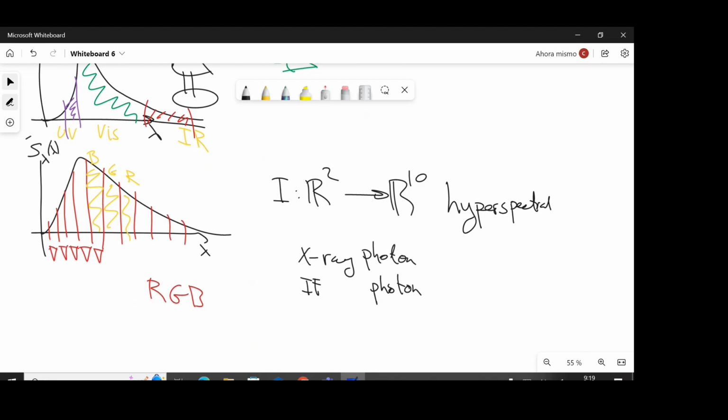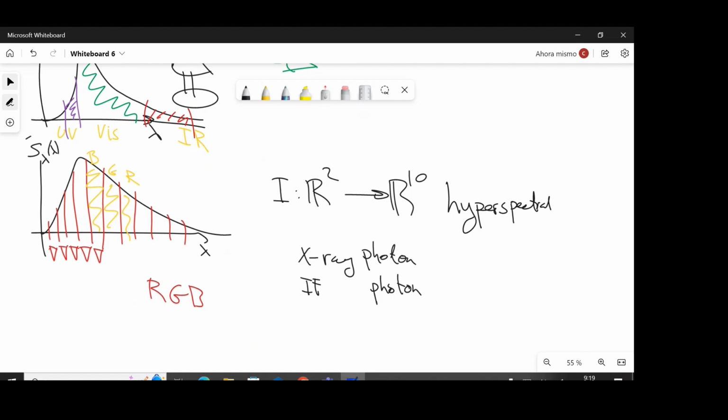Infrared. Okay, everyone agrees with that. No one disagrees. So which one of the two photons, X-ray or infrared, brings more energy? The infrared.